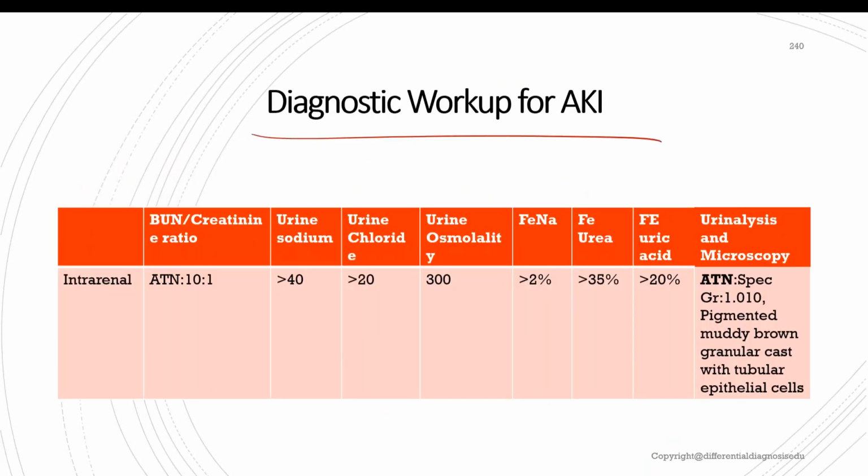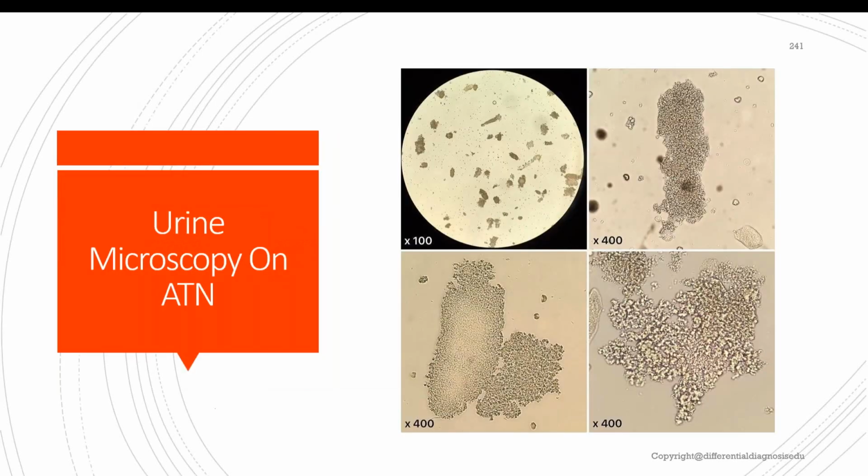The diagnostic workup we already discussed. I showed you the chart. You can order BNP. Urine sodium will be very high because the kidney lost its concentrating ability. FeNa will be greater than 2%. Fractional excretion of urea will be greater than 35%. The diagnostic test is to take the urine and look at it under the microscope, and it will show muddy brown granular casts, exactly like this.